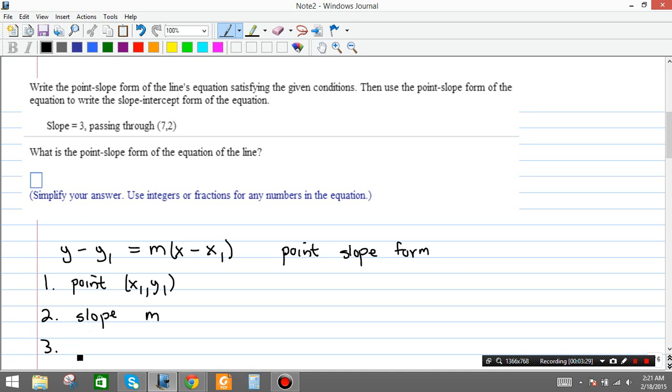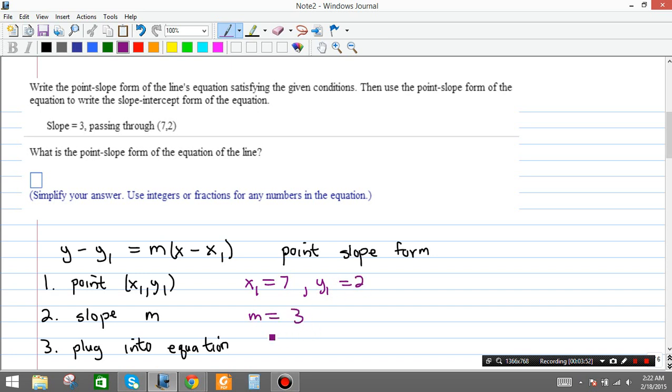And then we plug into the equation. Okay, so for us, the point is 7, 2, so x1 is 7, y1 is 2, and m was given as 3.